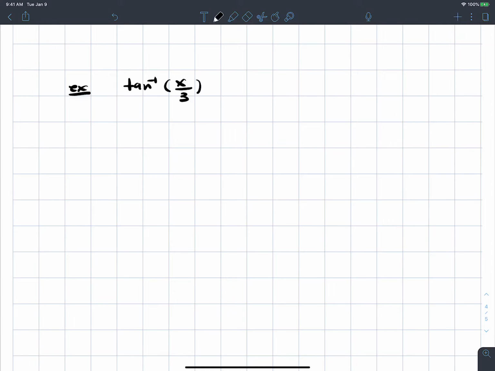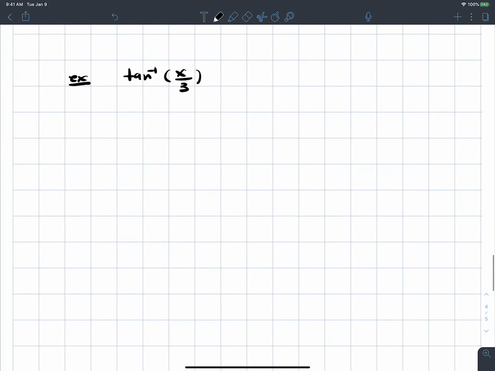Inverse tangent here of x over 3. Just trying to see if there's anything in our book that looks anything like this. They do a little bit. They do one inverse tangent of that, but okay. Well, how about if we do this? Inverse tangent maybe of pi x.